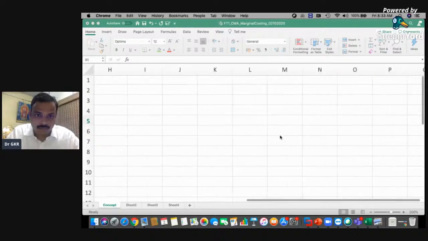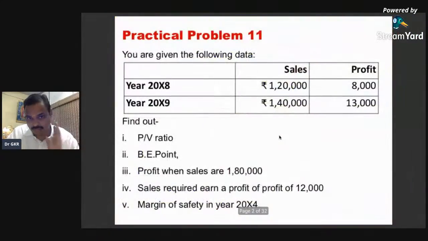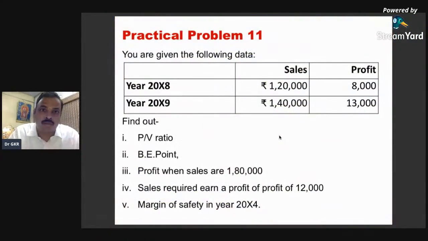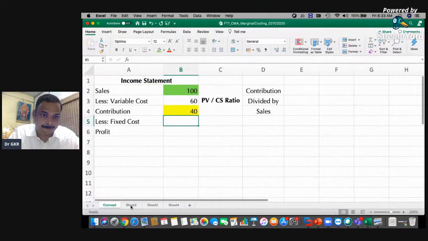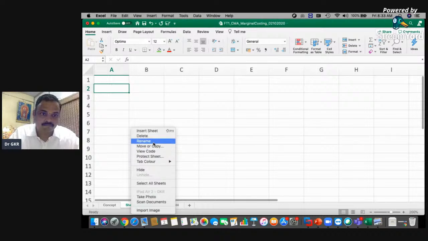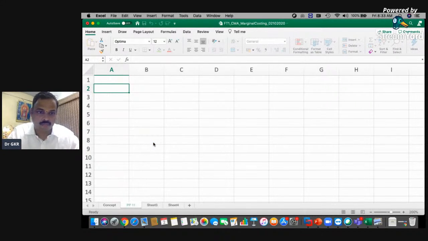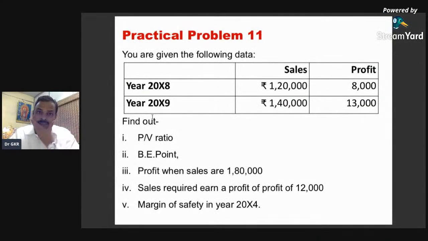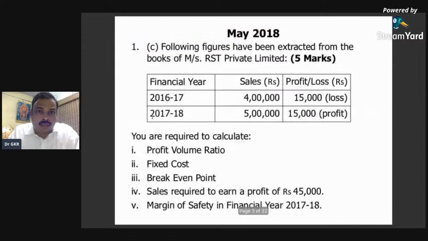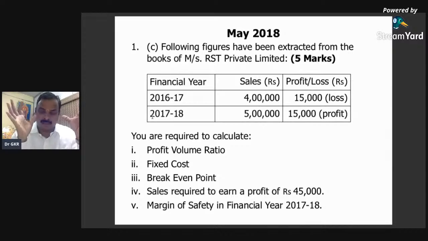Please look at this, the first question. This is practical problem level. You are given the following data. Now, why am I doing this particular problem? Please look at your May 2018. It is somewhat exactly similar.